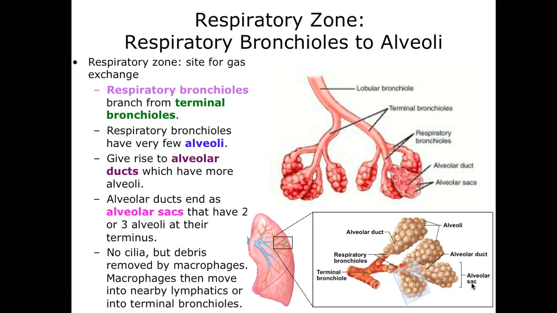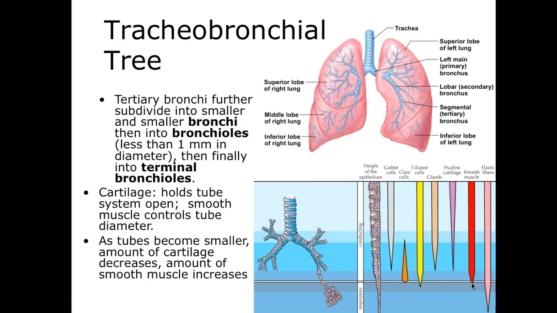So now we are going to enter the respiratory zone. So I want to go back real quick. Our tertiary bronchi, we said, give rise to our bronchioles, and the very last part of those bronchioles is termed terminal bronchioles. At this stage, the air that we're bringing in is only ventilation, meaning there's no gas exchange taking place yet.